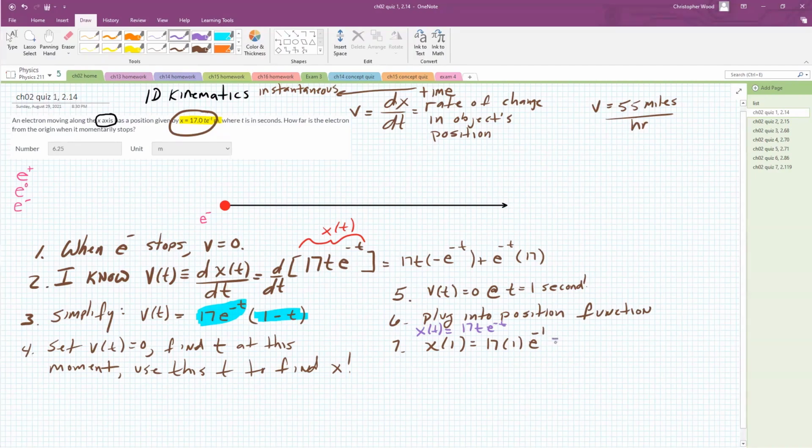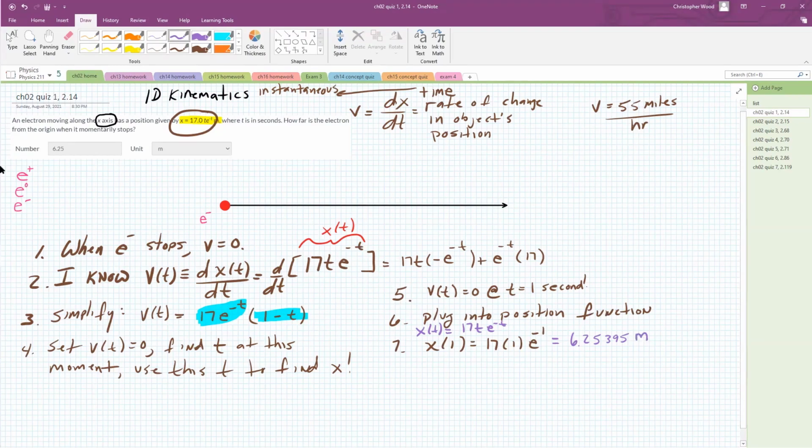So I'm getting 6.25395 and on and on and on. So it's basically 6.25 and some change meters. We have to always worry about meters, which is the right unit.